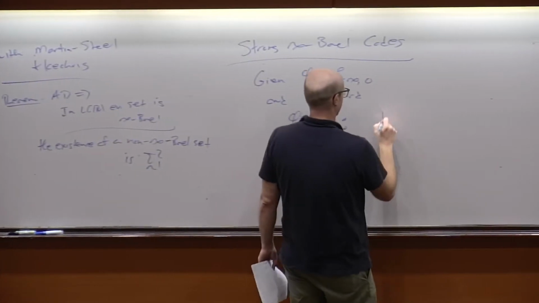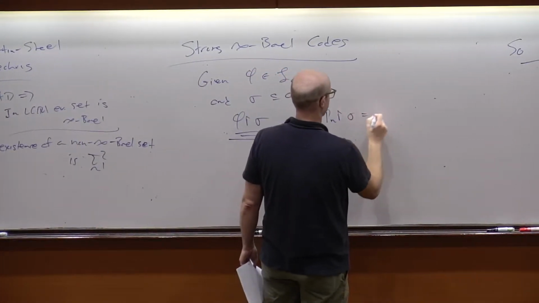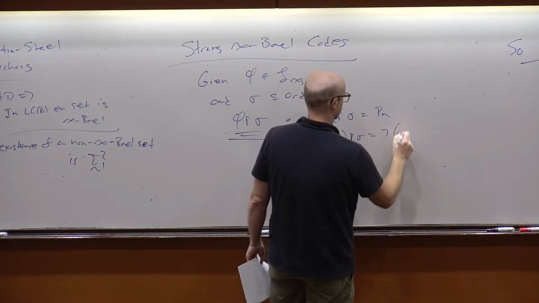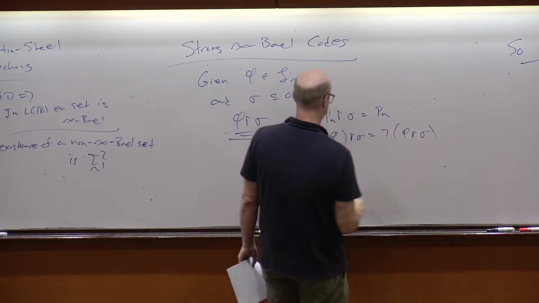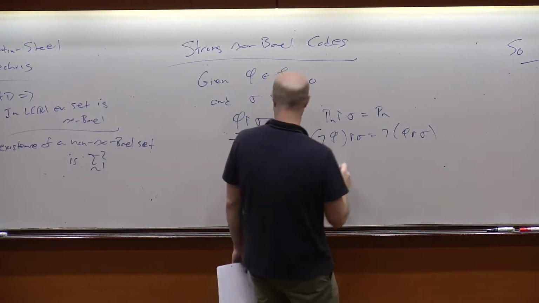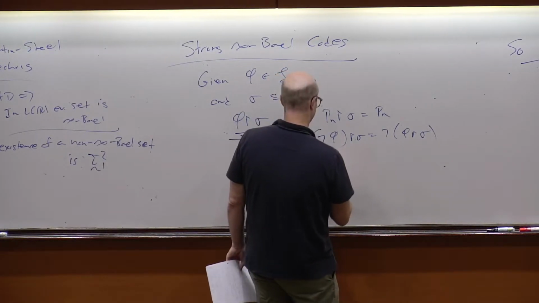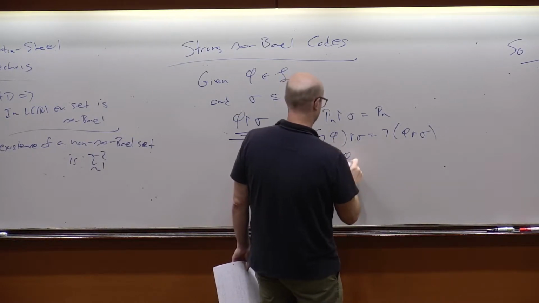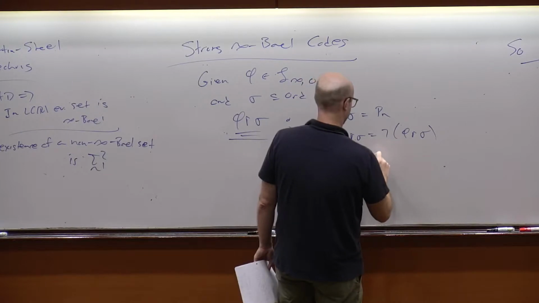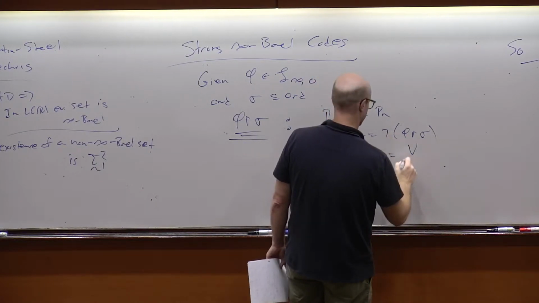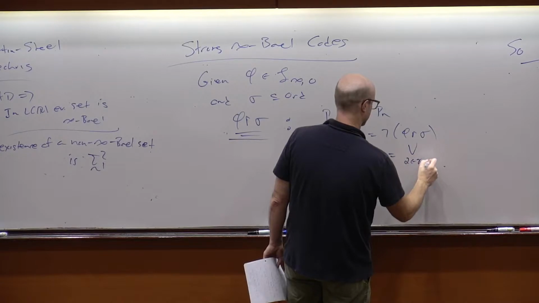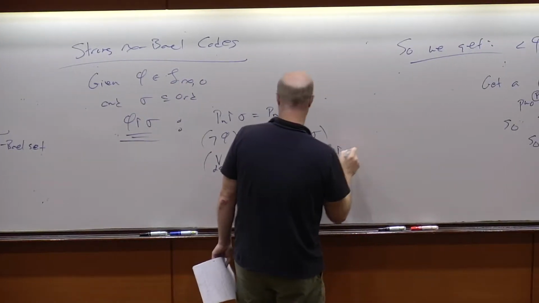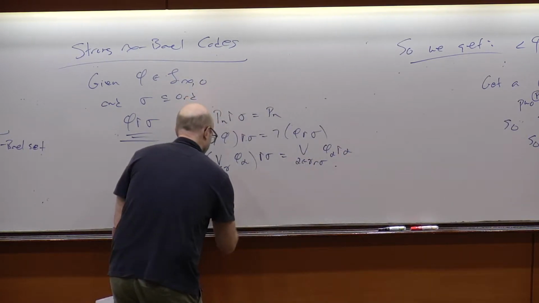So P_n restricted to sigma is P_n, and not phi restricted to sigma is not of phi restricted to sigma. And when we thin a disjunction, the disjunction over alpha less than gamma of phi_alpha, restricted to sigma, that's going to be the disjunction for alpha in gamma intersect sigma of phi_alpha restricted to sigma, and same thing for the conjunctions.